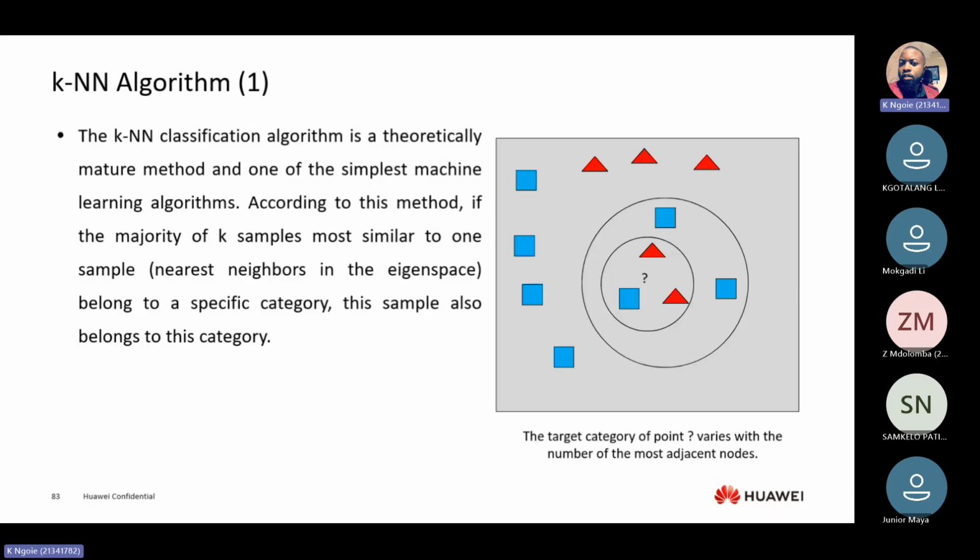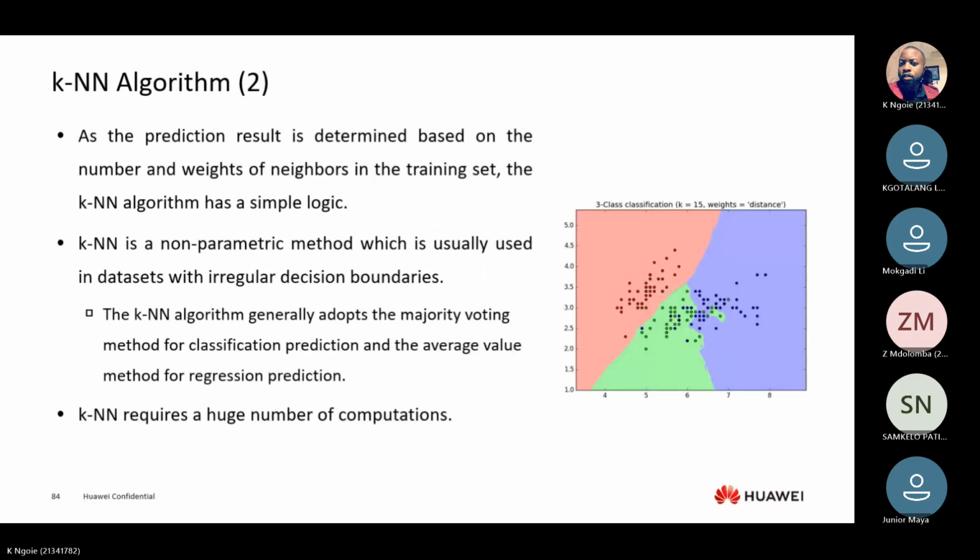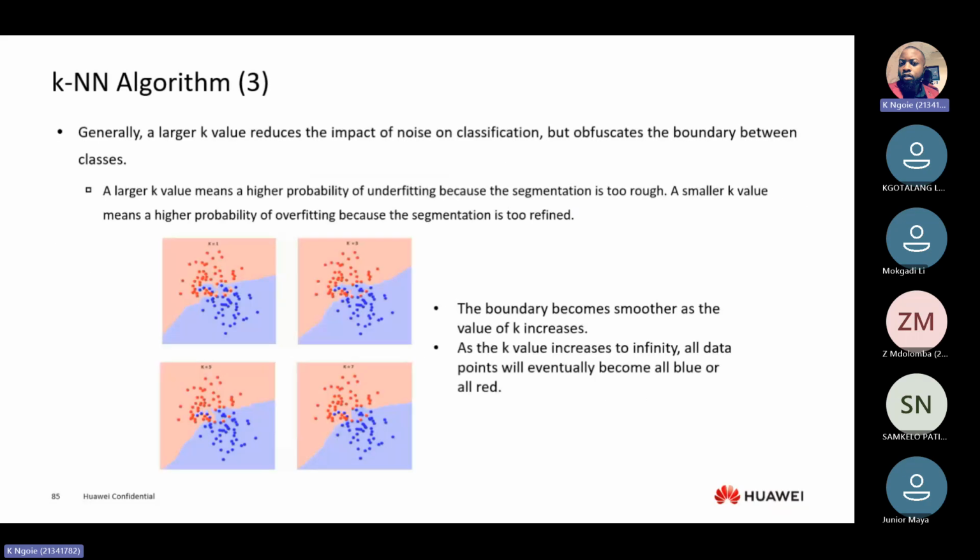We say we want to divide the data into 3 classes. So based on the similarity of the data's features, we classify them into 3 classes. That's why it's called the K nearest neighbor. The nearest neighbor has to do with the similarities.